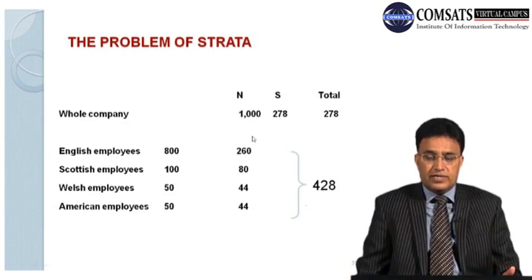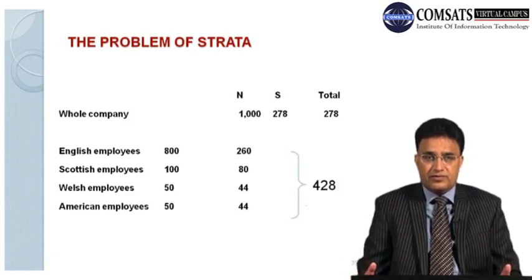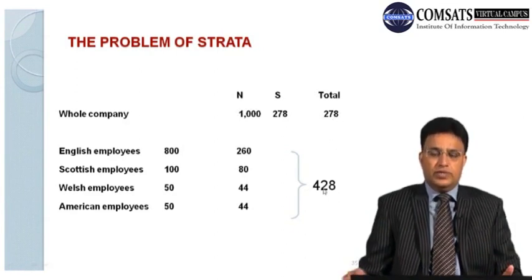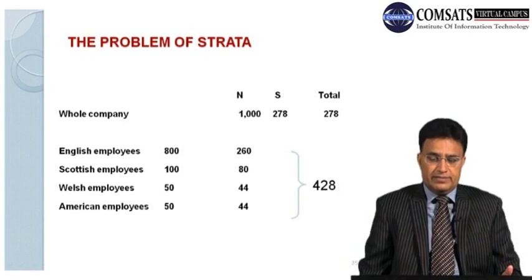When you take the total as a homogeneous group, it is 278. When you take a divergent group and subclassification and strata within the group, your number dramatically increases. Now 278, it is almost double of it. 428 would be the requirement.